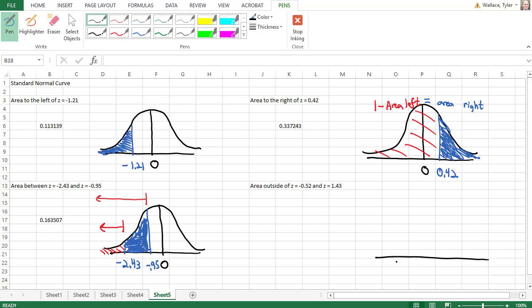So it really helps to draw a picture for every one of these problems to make sure what we type in Excel gives us the area we actually care about and want to know about. In this last example, we want the area outside of negative 0.52, that's to the left here, and 1.43. It's positive, so it's to the right. And we want the area outside those two tails.